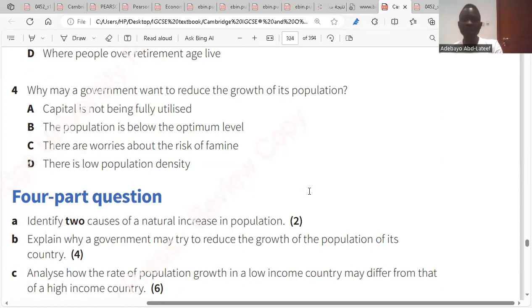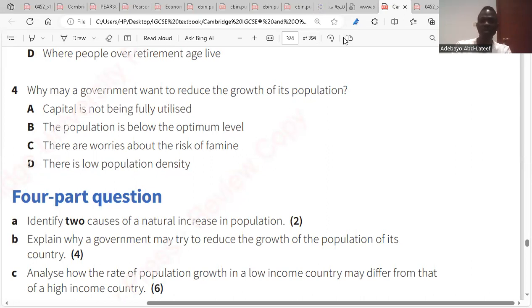Why may a government want to reduce the growth of its population? C. There are worries about the risk of famine.